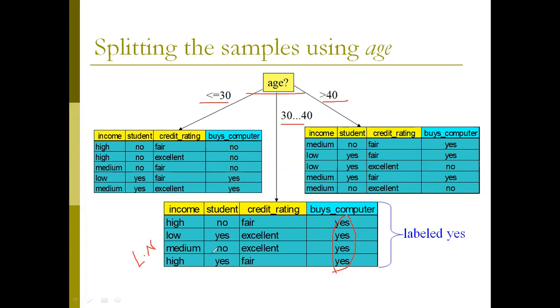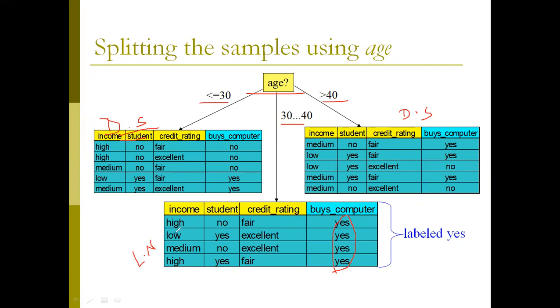Now we are going to check again the information gain for less than or equal to 30 as well as greater than 40. The same process: suppose this is the total data set under less than or equal to 30, and this is the total data set for greater than 40. For these data sets, apply the same formulas: entropy, information gain, and after that the total overall gain.